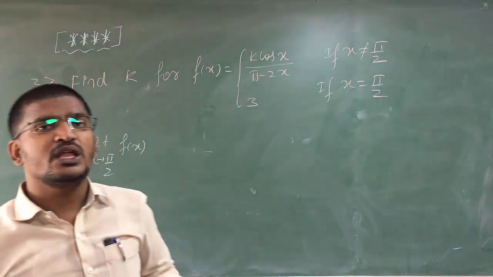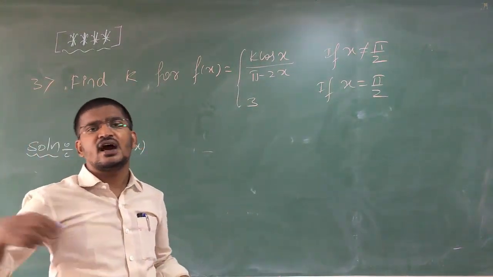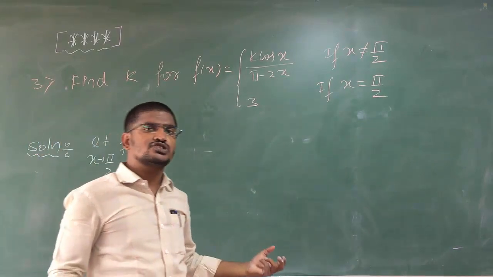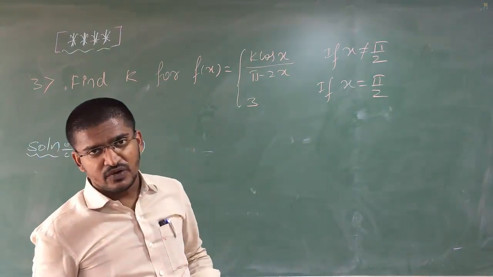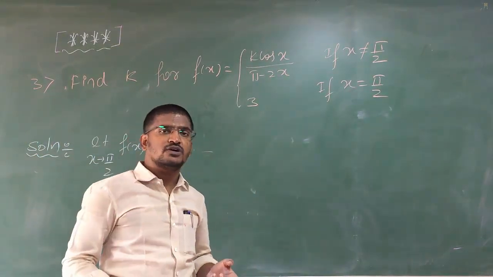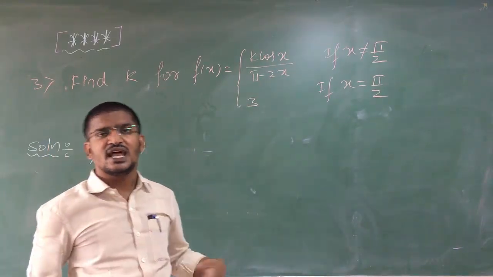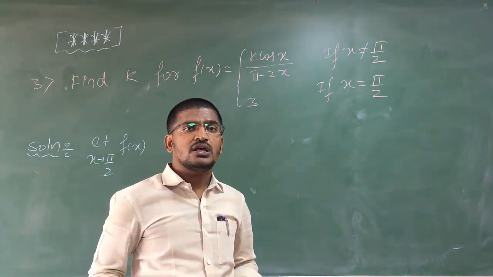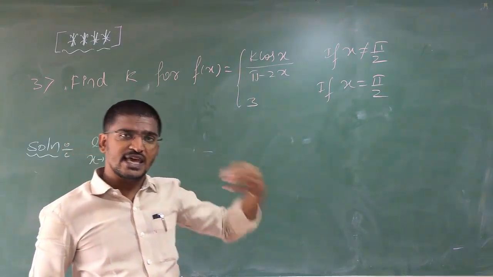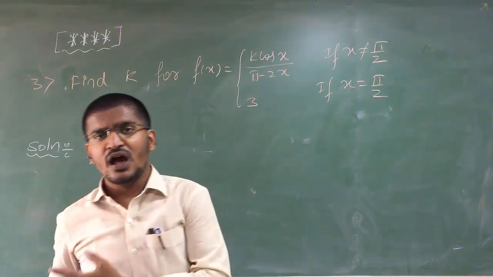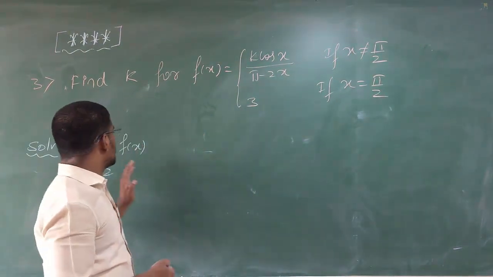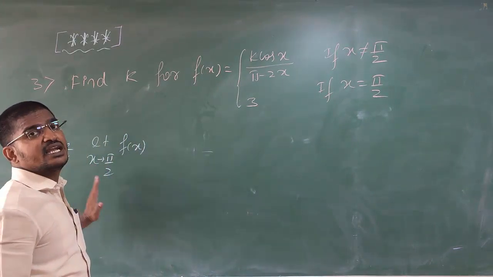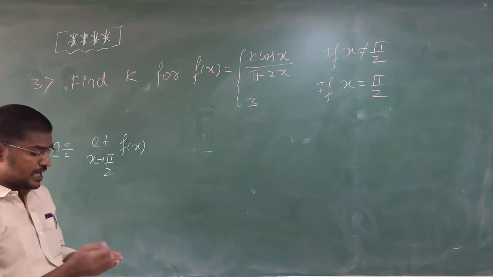That means there will be no different functions for LHL and RHL. You see in the previous question, for LHL it was a different function, for RHL it was a different function. So we went for LHL and RHL. Clear? But here for LHL also the same function which you are having for RHL. For that reason, let us directly go for the limit as x tends to pi by 2 of f of x.